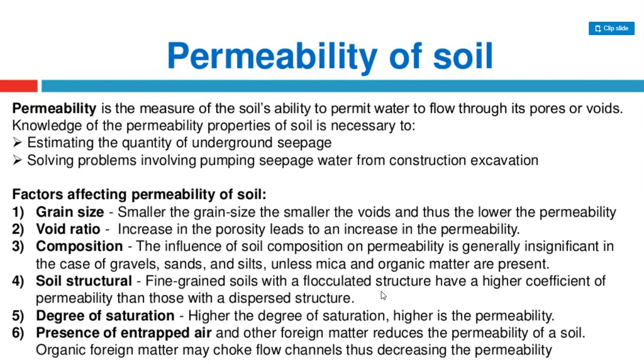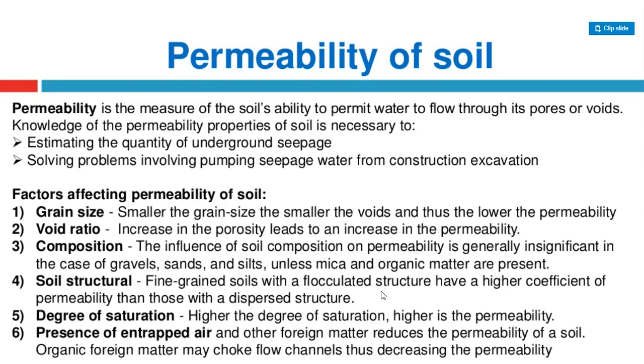Factors affecting permeability of soil: grain size, void ratio, composition, soil structure, degree of saturation, presence of entrapped air. So what is the grain size? The smaller the grain size, the smaller the voids and thus the lower the permeability.